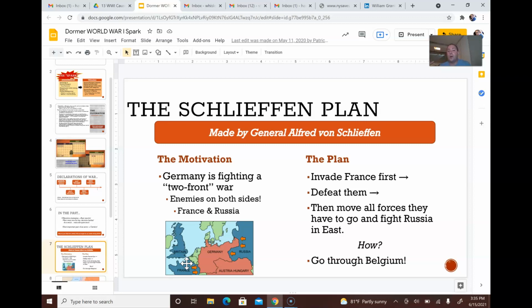So this was a way to avoid a two-front war, and ultimately this is the first phase of attack. So World War I begins with all those different lead-up, longer causes, and then you have the assassination at the end of June 1914 that sparks the beginning of the war.